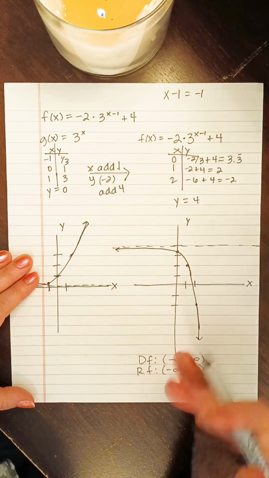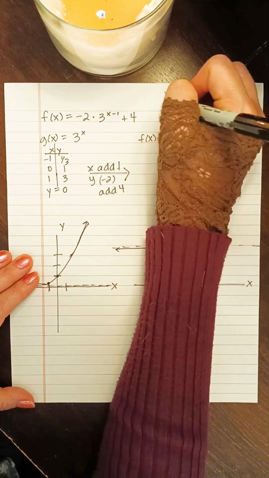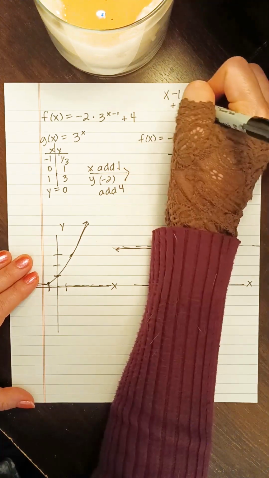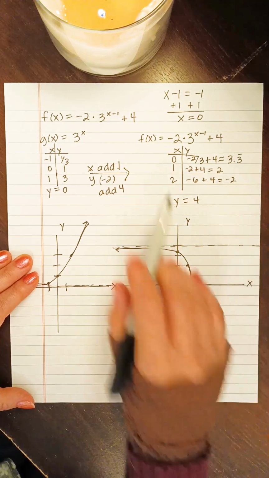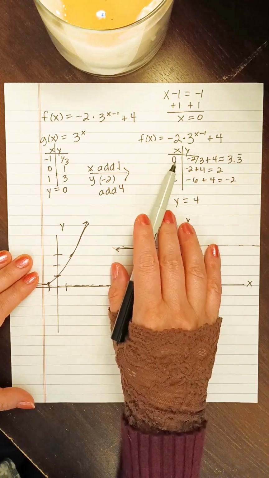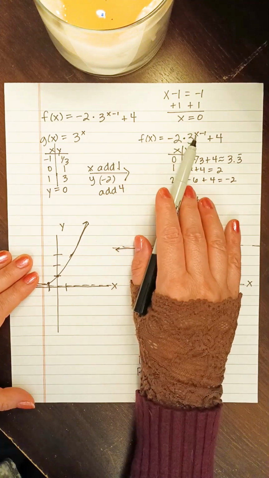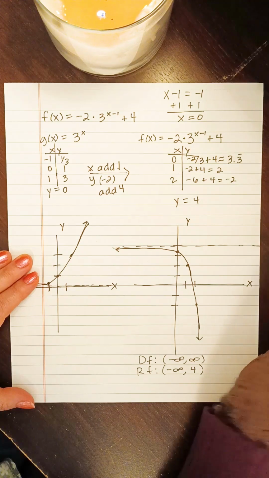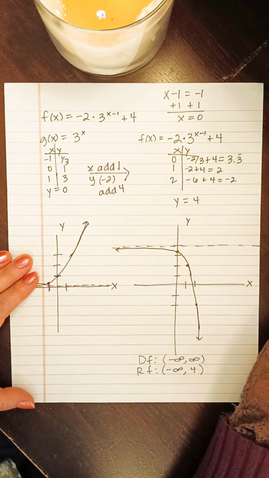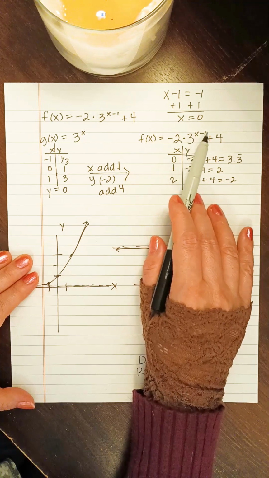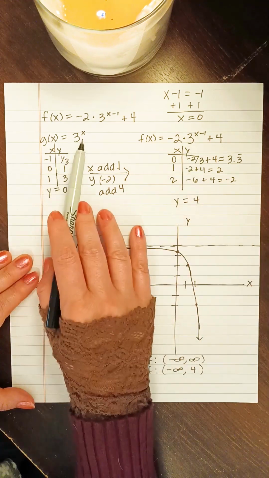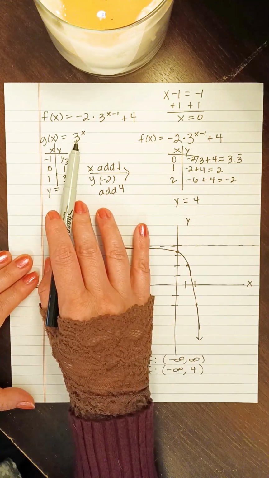And so the reason why it's opposite is because we're solving for x. So we have to add 1. Then we get x equals 0. There's our 0. So if I put that 0 in here, that gets me my 3 to the negative 1. If I want this to be 0, I evaluated this function at 0.